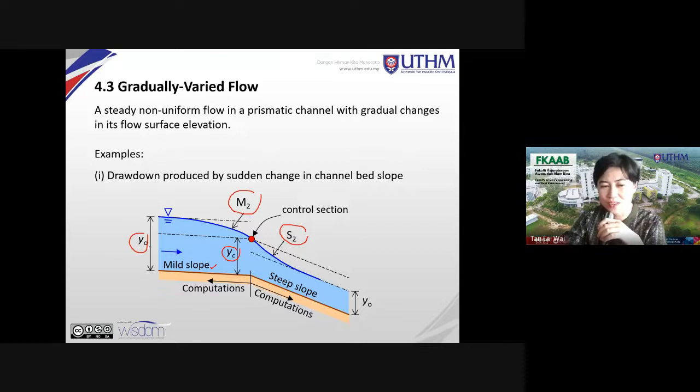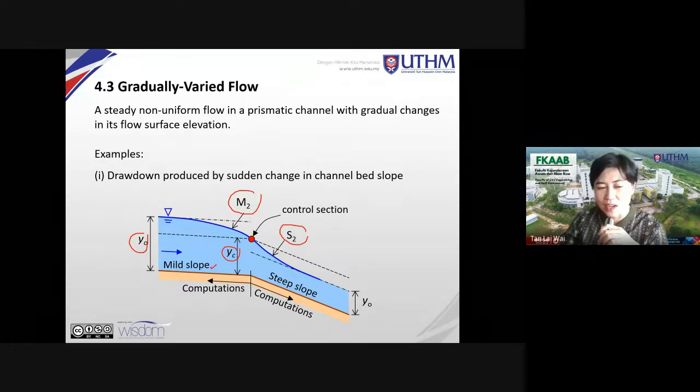Because y naught besar daripada yc, jadi aliran dia adalah lebih perlahan, jadi dia ialah dalam keadaan subcritical. Now, satu lagi klasifikasi berdasarkan y naught dan yc ialah bila kita nak kelaskan cerun dia, which is the slope. When y naught greater than yc, it is mild slope.